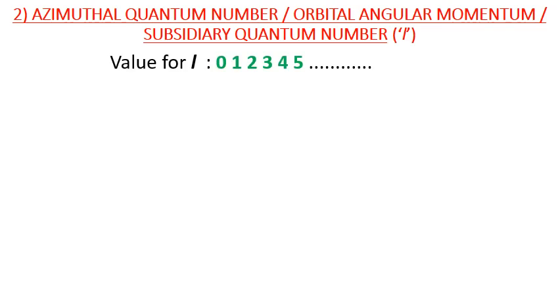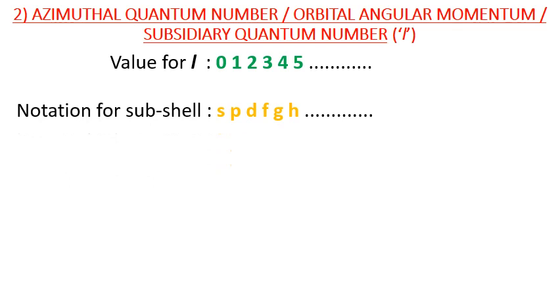If l values are 0, 1, 2, 3, 4, 5, then the notation for subshells of these l values are s, p, d, f, g, h respectively.